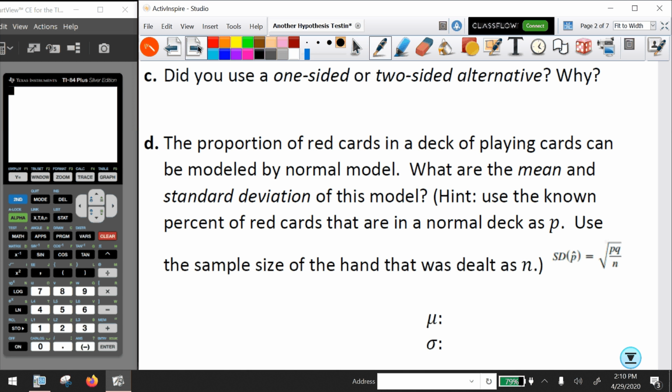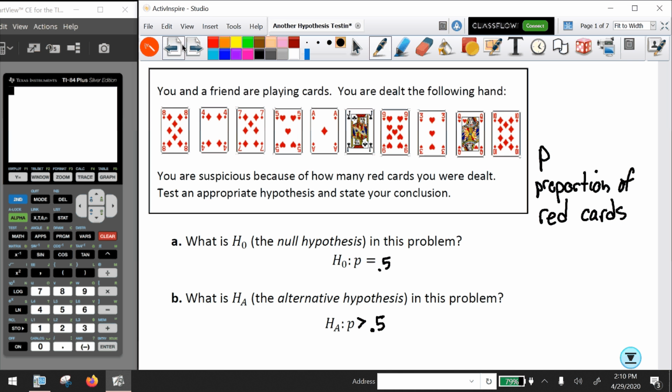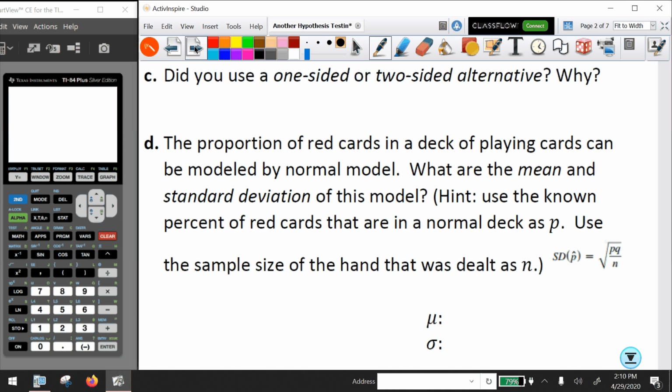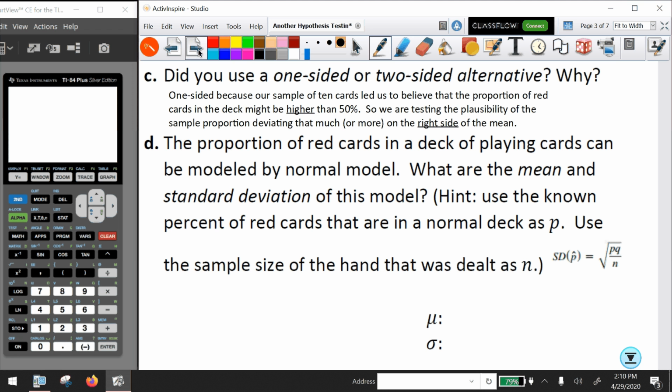Is that a one-sided or two-sided alternative hypothesis? Well, since we have the suspicion that it might have more red cards and we used a greater than symbol, that is a one-sided test. It's one-sided because our sample of 10 cards led us to believe that the proportion of red cards in the deck might be higher than 50%.